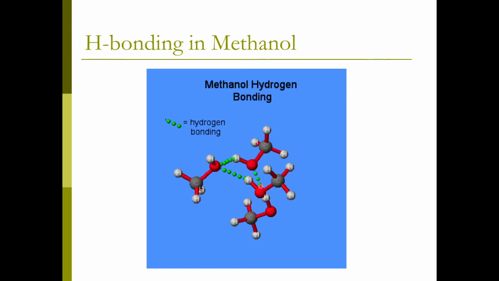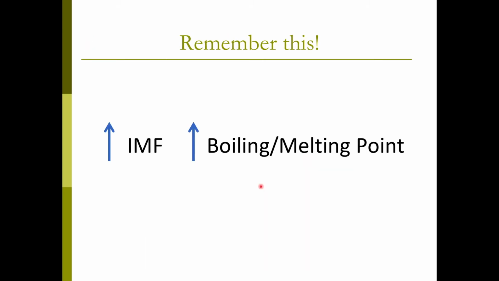However, it's still not that strong because it was able to evaporate very quickly. So guys, just remember this, I'll bring it back one more time: as the intermolecular force increases, the boiling point or the melting point increases, and vice versa.